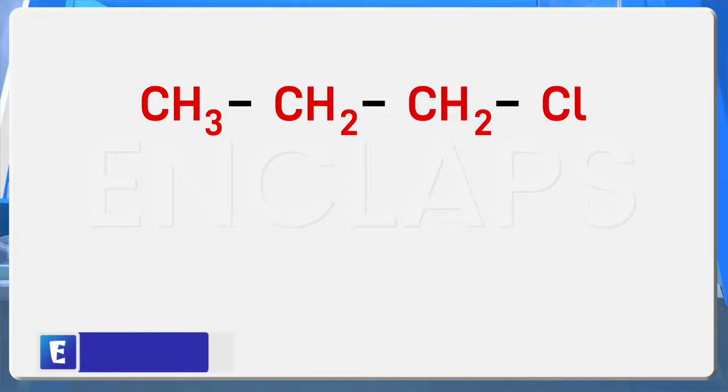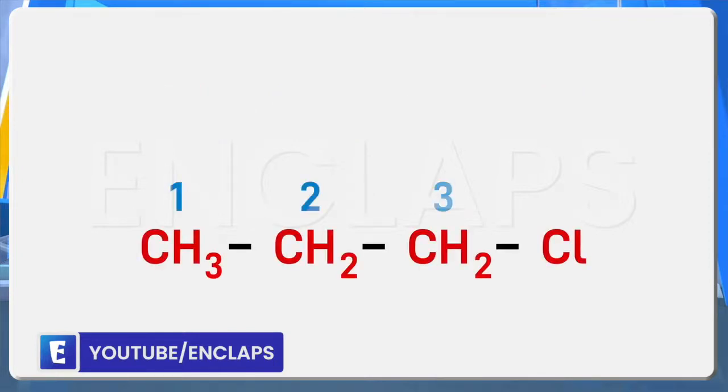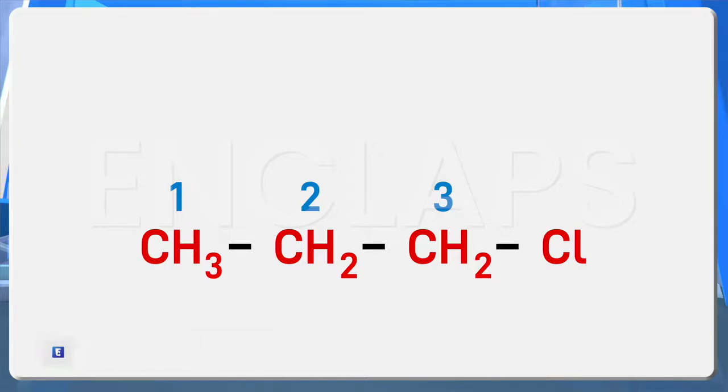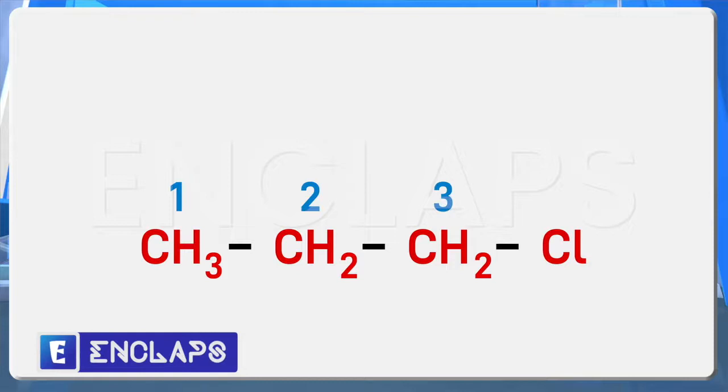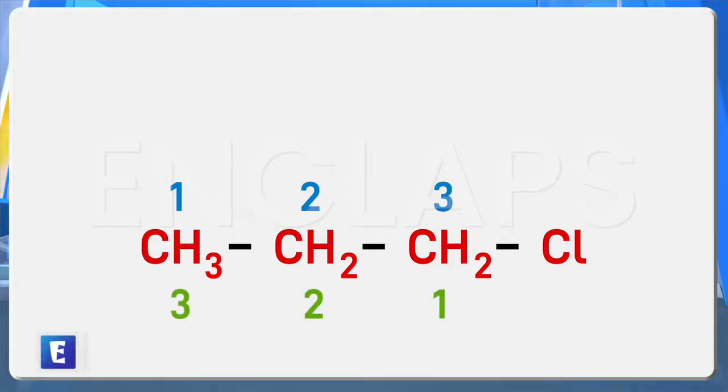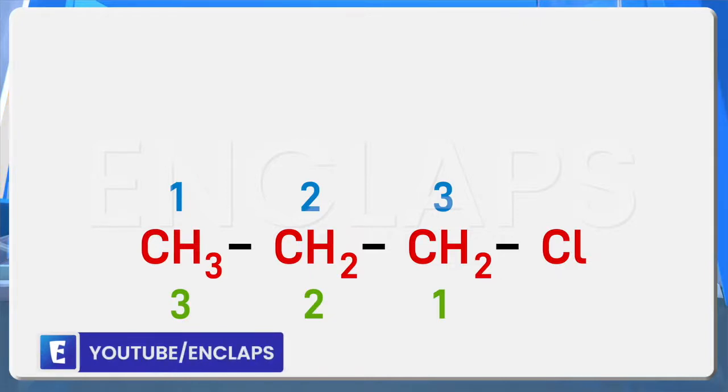Here also the numbering of the carbon chain should be done in such a way that the carbon atom having the functional group should get the lowest number. So when we number from left to right, the carbon atom having the functional group gets the number 3. When we number from right to left, the carbon atom gets the number 1. Clear?